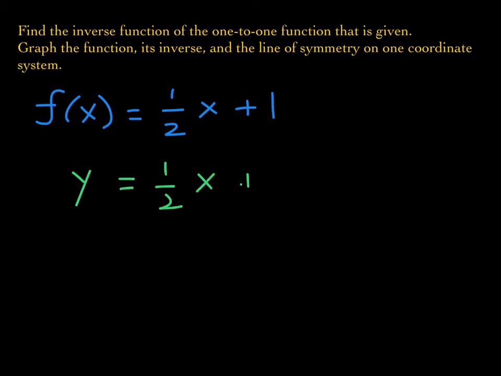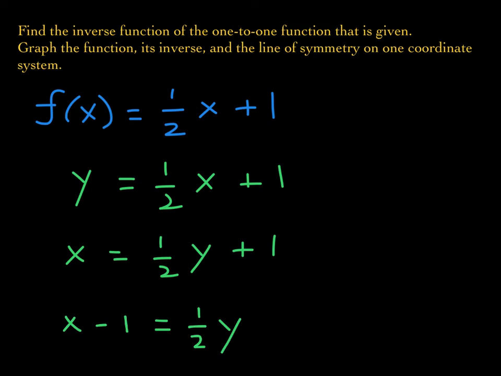And then we're going to have x and y swap places or interchange, right? And then we're going to solve for y. The first thing I'm going to do to solve for y is subtract 1 from both sides. And then finally, I'll just multiply both sides by 2.